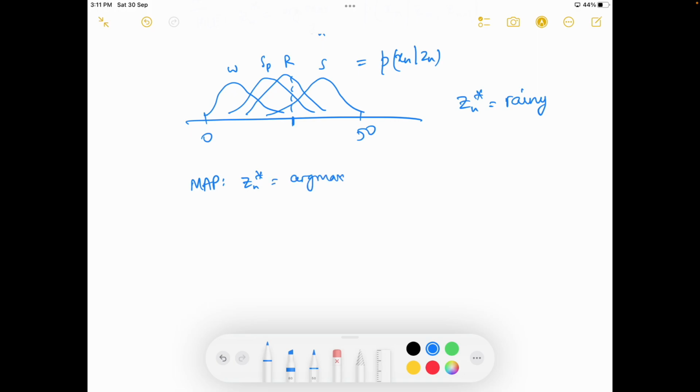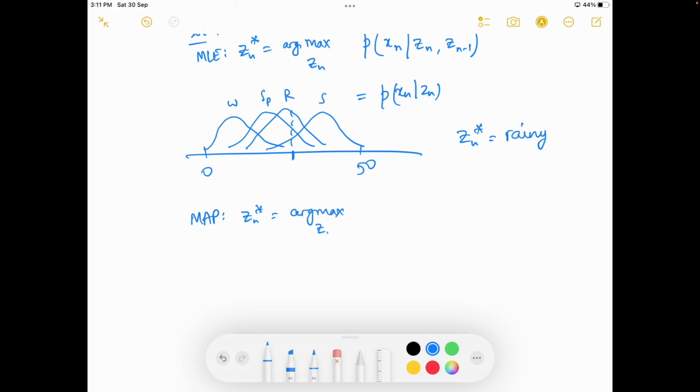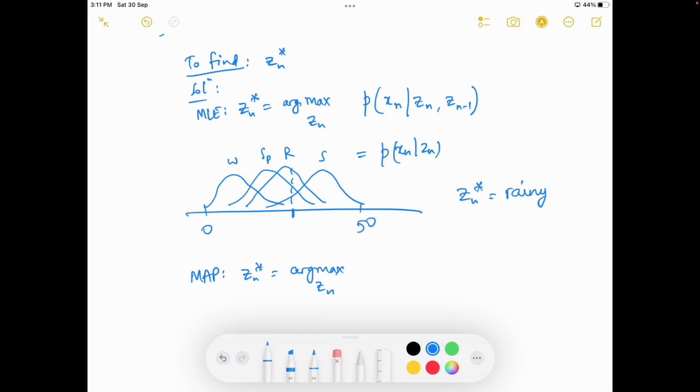Posterior of Zn. What is posterior? It's a nice term to use, but what is the meaning? The distribution of Zn given the observation. So when we say posterior, or a posteriori probability, it means probability of what I want to estimate given everything else.